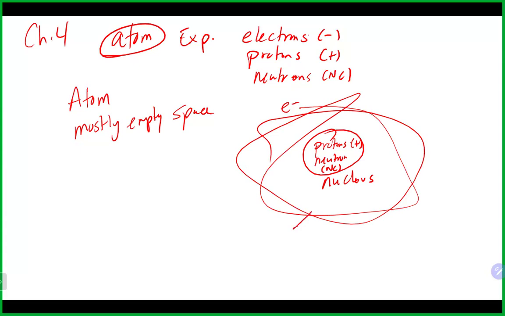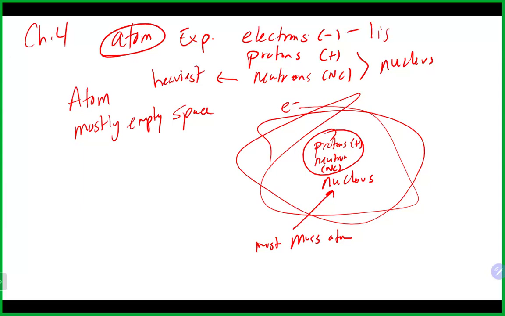Most of the mass of the atom is the nucleus, and that is because in the nucleus we have both our protons and our neutrons. Out of those three particles, the neutron is the heaviest, and the electron is the lightest. The proton is super close in mass to a neutron, but the neutron just barely beats it out, so it is the heaviest.